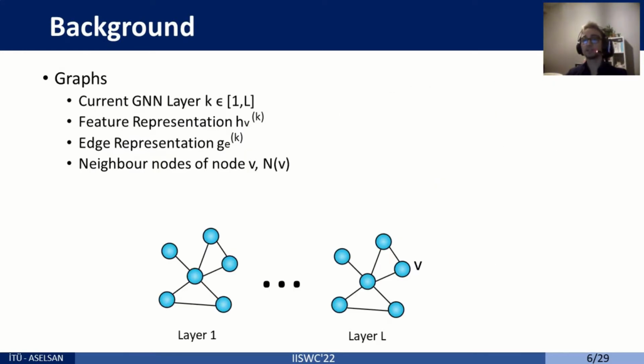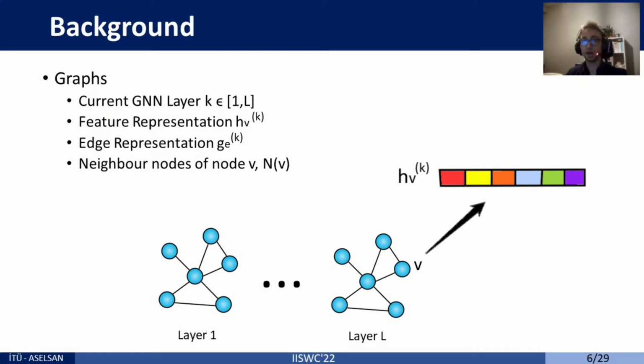In more GNN-related definitions, we first need to define the layer number. As you may recall from the previous schema, our GNN pipelines consist of many layers, including input layers, hidden layers, and an output layer. These layers represent the GNN model's gradual evolution through the pipeline, and they are sequential.